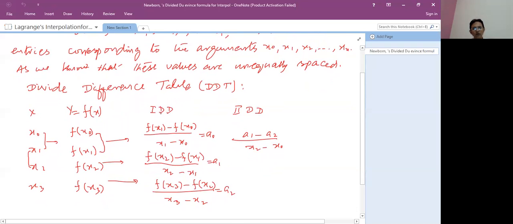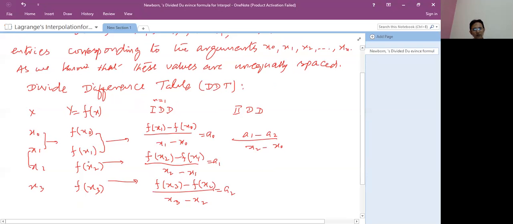If you find the first divided difference, in the numerator we take f of x1 minus f of x0 divided by x1 minus x0, when we take the value of n equal to 1. It means the first interval. These are called the first divided difference values.